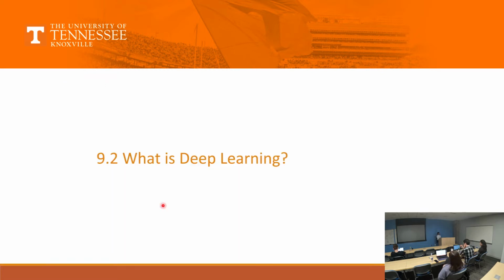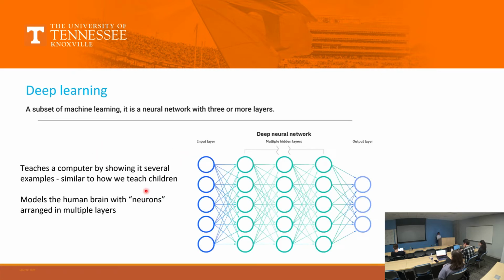Now we come to the task: what is deep learning? And this lecture is extremely important because you will go through what exactly a neuron is. And this will develop a very strong thought process for all of you. So, what is deep learning?